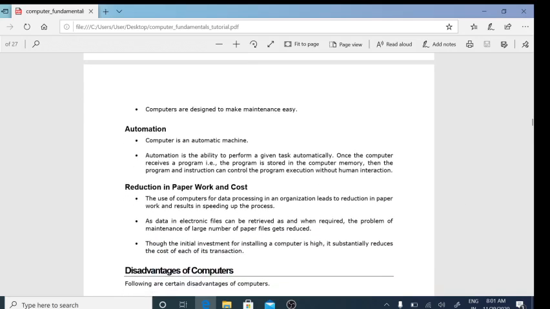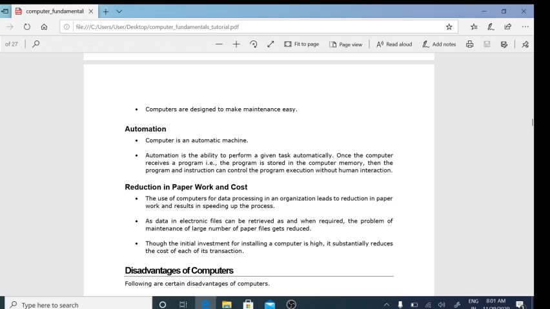Next is reduction in paperwork and cost. The use of computers for data processing in an organization leads to a reduction in paperwork and results in speeding up the process. As data in electronic files can be retrieved as and when required, the problem of maintaining a large number of paper files gets reduced. Though the initial investment for installing a computer is high, it substantially reduces the cost of each of its transactions.